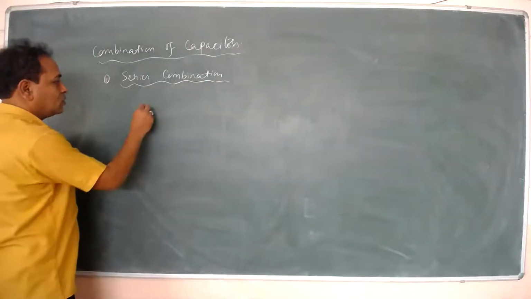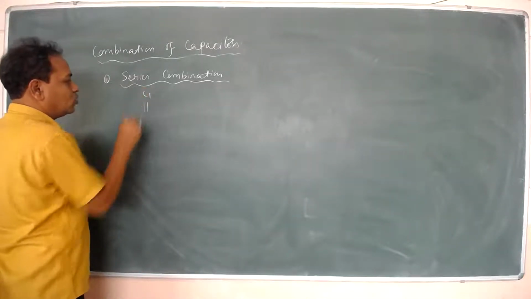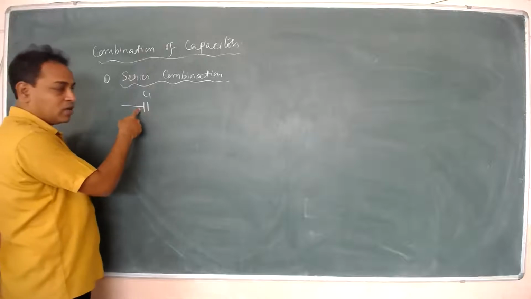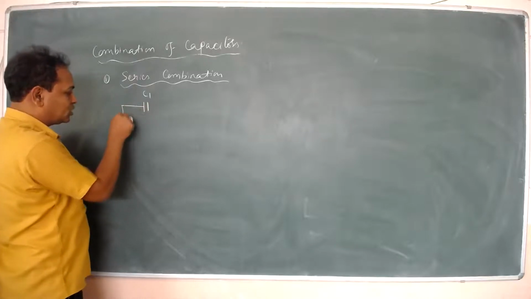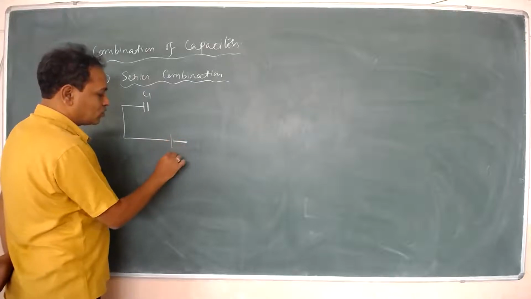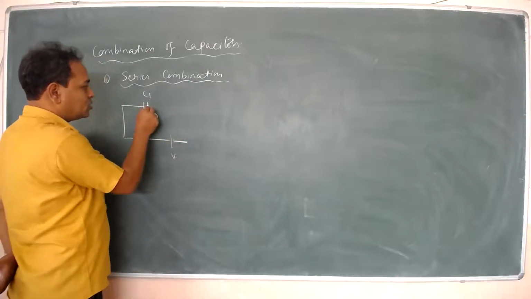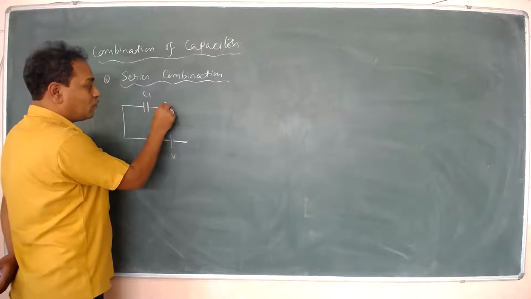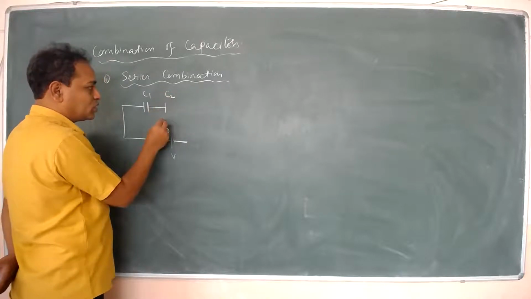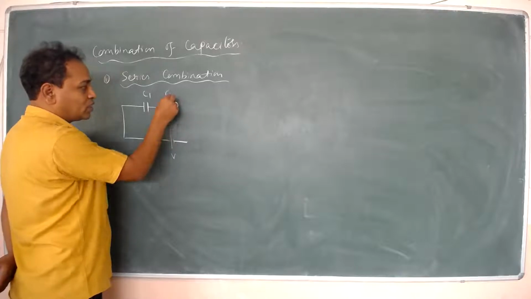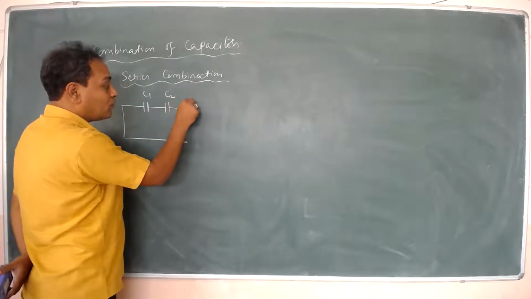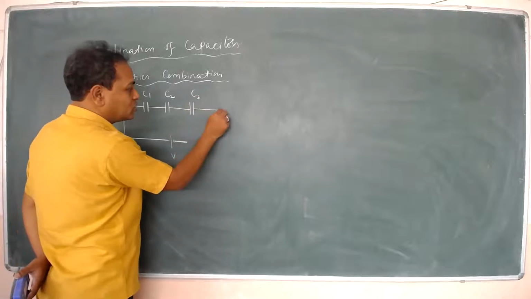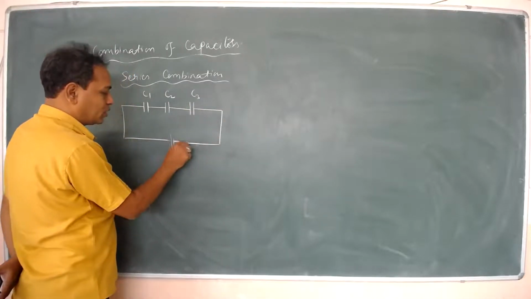Let us consider that this is a capacitor of capacitance C1, whose first end, this is called the first end and this the second end, is connected to a battery of voltage V. The second plate of the first capacitor is connected to the first plate of a second capacitor, and the second plate of the second capacitor is connected to the first plate of a third capacitor, and the second plate of this third capacitor is connected to the negative terminal of the battery. So this is the combination.